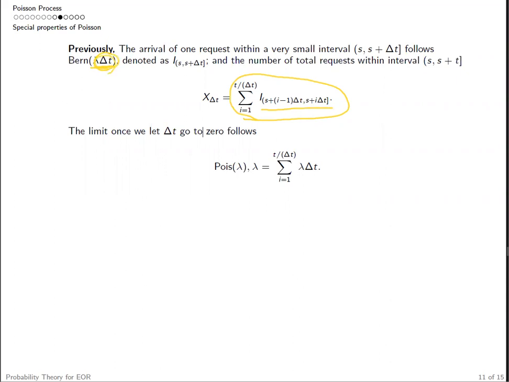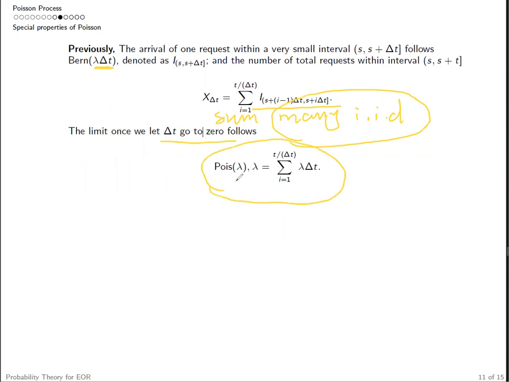We started with many IID Bernoulli indicator random variables, and we sum them together. They have a very small success rate because delta t is very small, right? We let delta t go to 0. Then we have the Poisson distributed random variable. And the rate lambda is simply the summation of lambda delta t.